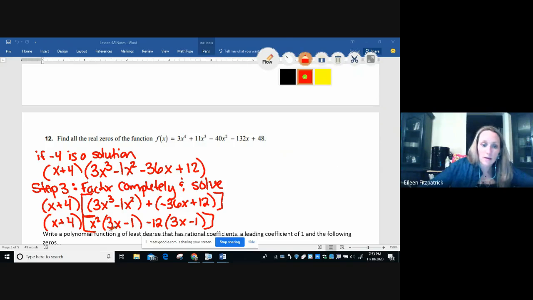All right. Then my common binomial factor is the 3x minus 1. So I still have the x plus 4. That's one of the factors. Now I have a 3x minus 1. Then I have an x squared minus 12. All right, completely factored.